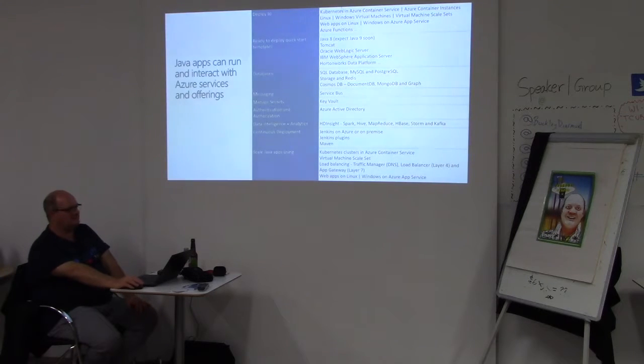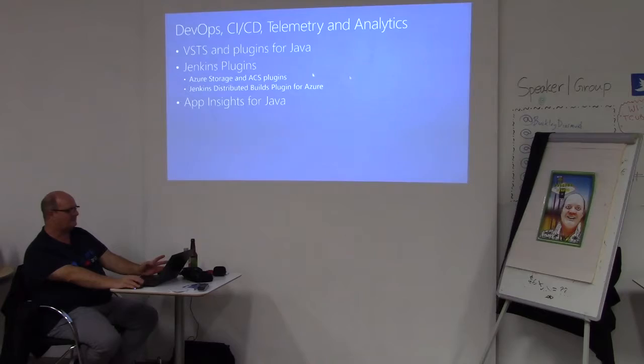It's a bit of an eye chart, but basically you can deploy to Kubernetes, Azure containers, Linux, Windows virtual machines, scale sets, etc. And we also have those quick start templates I showed you, which are when I go into the marketplace and I look at Bitnami and stuff, there's Java 8, Tomcat, etc. You can write to databases, MySQL, Postgres, Service Bus, Key Vault, Azure Active Directory, HD Insight, all kinds of things you can do to interact with our SDKs and our Azure functions as well.